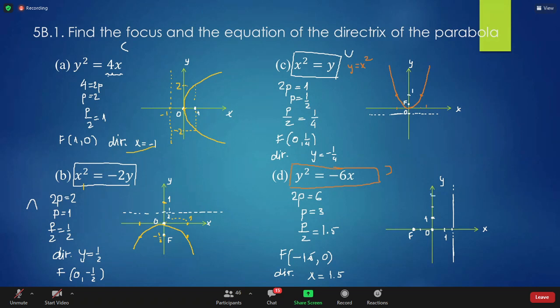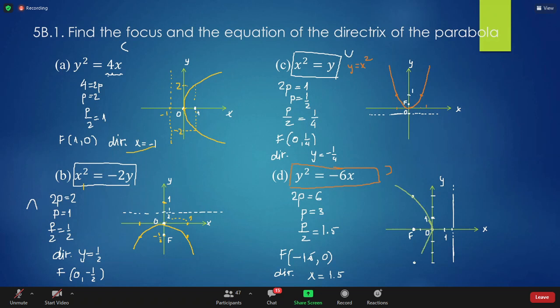So we can actually graph it. So vertex and these points, so that this parabola, as you can see, is flat-ish, approximately like that.